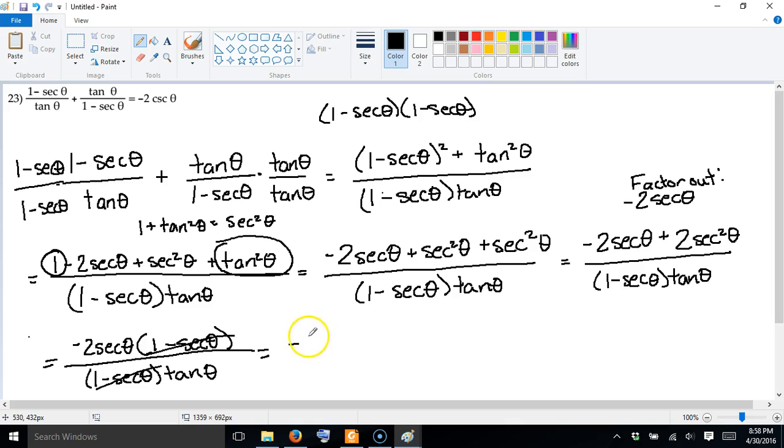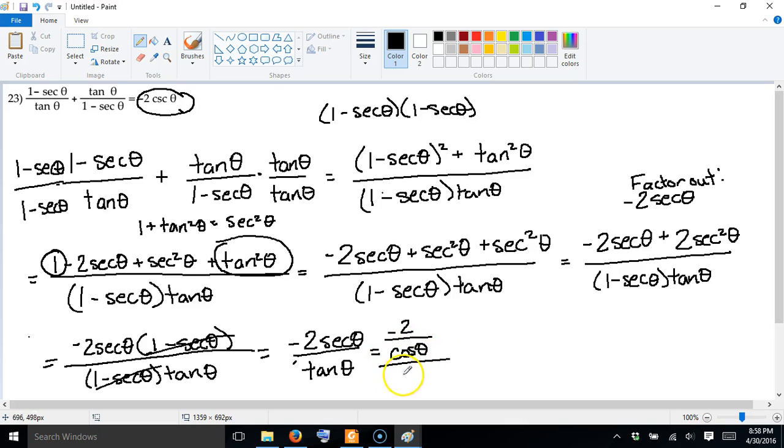And now I have negative 2 secant theta over tangent of theta. Now change both of these into, we're getting so much closer to this up here, negative 2 cosecant theta, because we now almost got it down to one single term here. The negative 2 secant theta is the same thing as negative 2 over cosine theta.